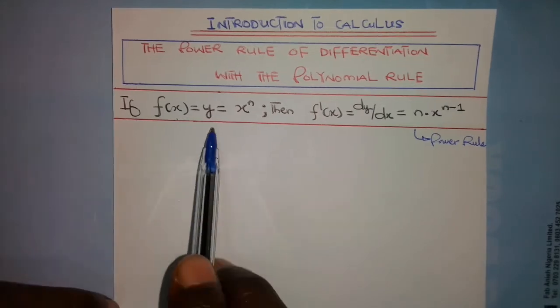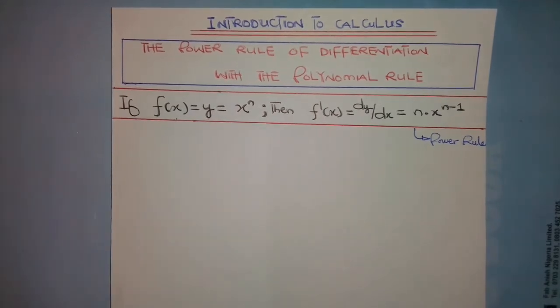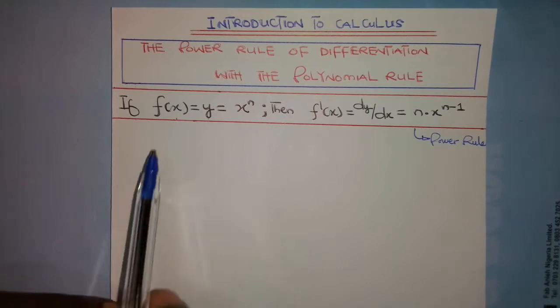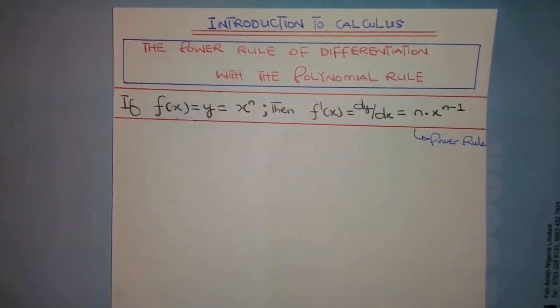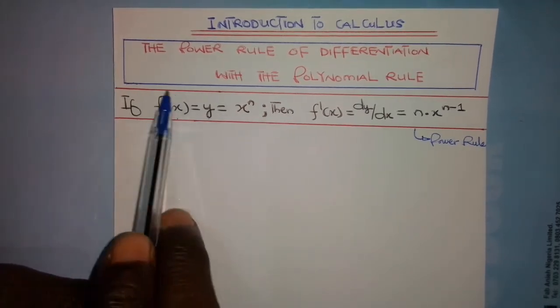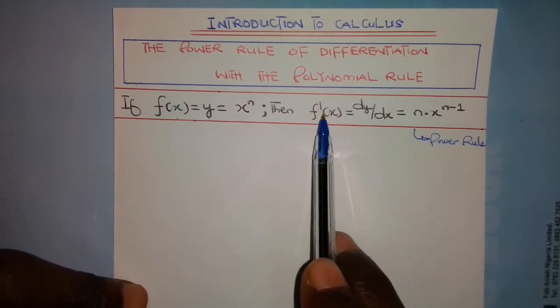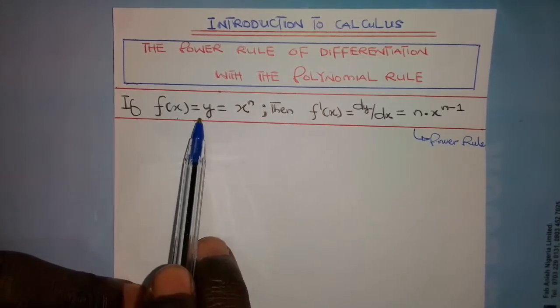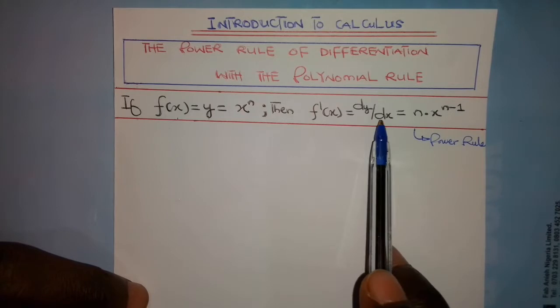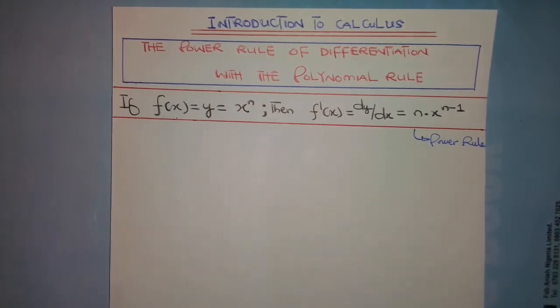If you call that power function y, that is, you give it the subject y, or you decide to just call it by the normal name f of x, that is, a function in terms of x, and you want to find the derivative of such a function, if you use f of x, then you're supposed to represent it as f prime of x, but if you use y, then you're supposed to represent it as dy dx.